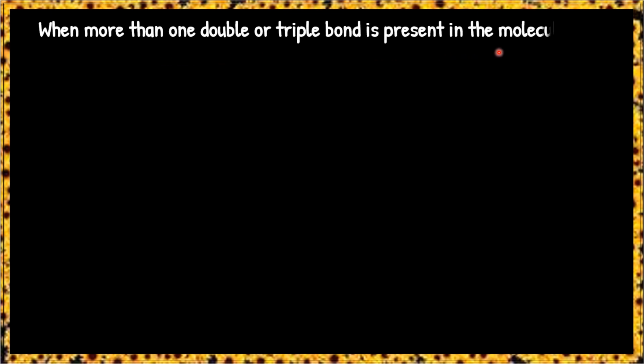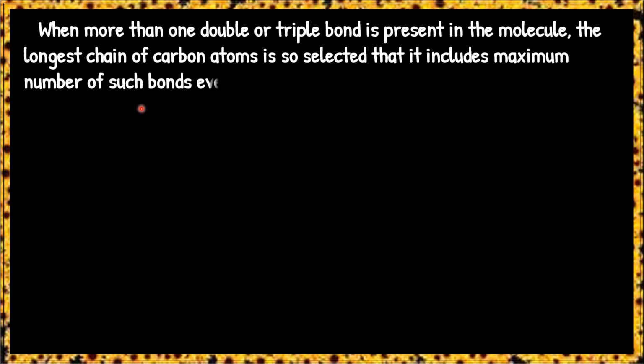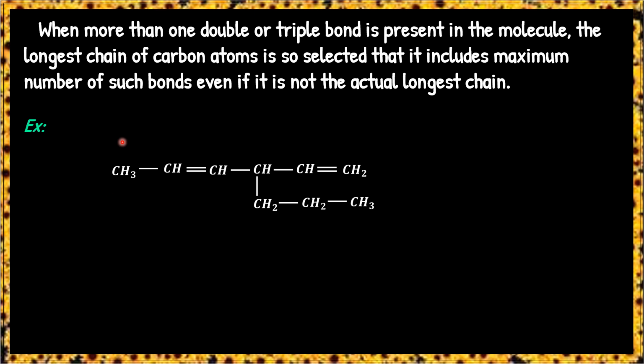When more than one double or triple bond is present in the molecule, the longest chain of carbon atoms is so selected that it includes the maximum number of such bonds even if it is not the actual longest chain. See, for example, this is an organic compound and it contains 2 double bonds.